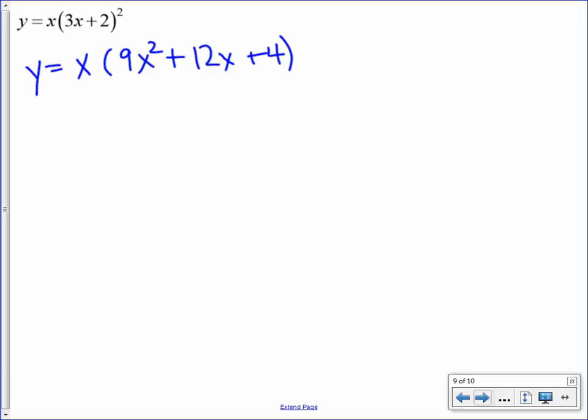And then we can take this x through to get 9x cubed plus 12x squared plus 4x. Now this looks a little better, doesn't it? Applying the power rule to this is going to be much nicer.